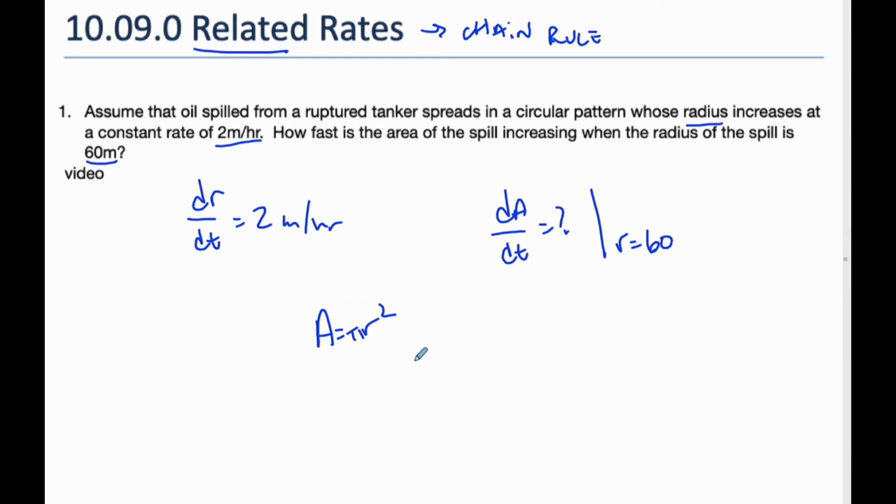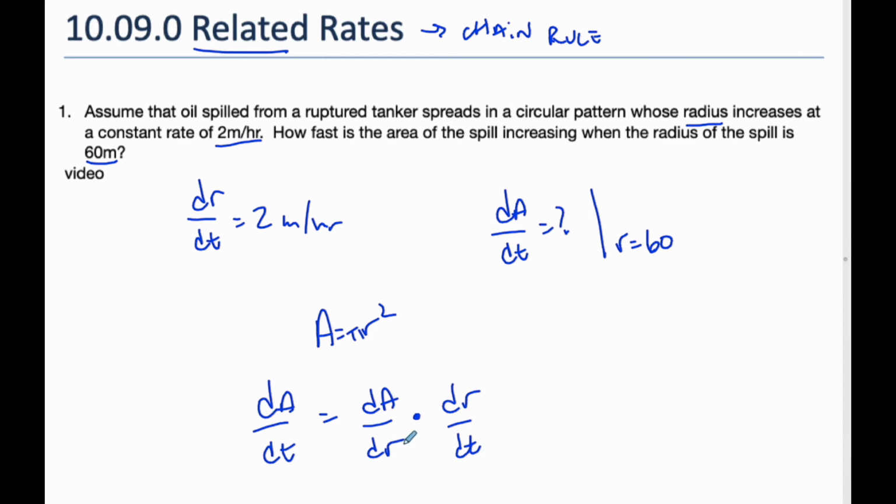But what I do know is that if I want to find dA/dt, I could find the derivative of A with respect to r, and then using the chain rule, multiply by dr/dt. And this is exactly what the chain rule says.